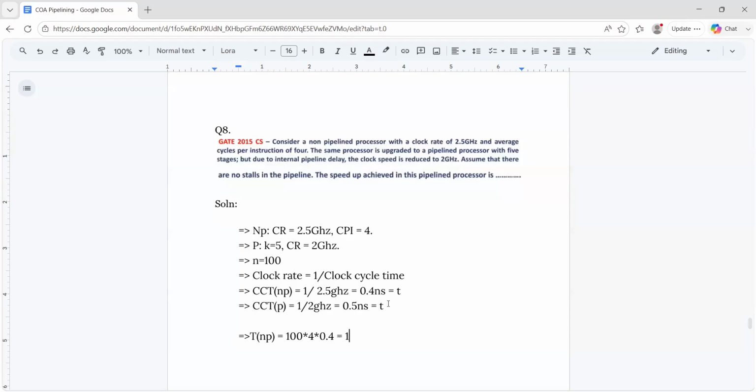In total, we get 160 nanoseconds. Next, moving on to pipeline systems.